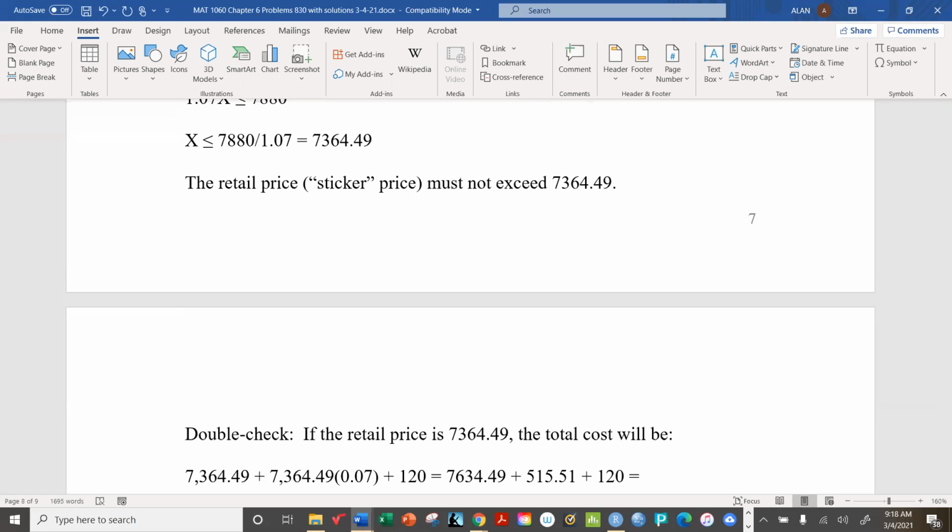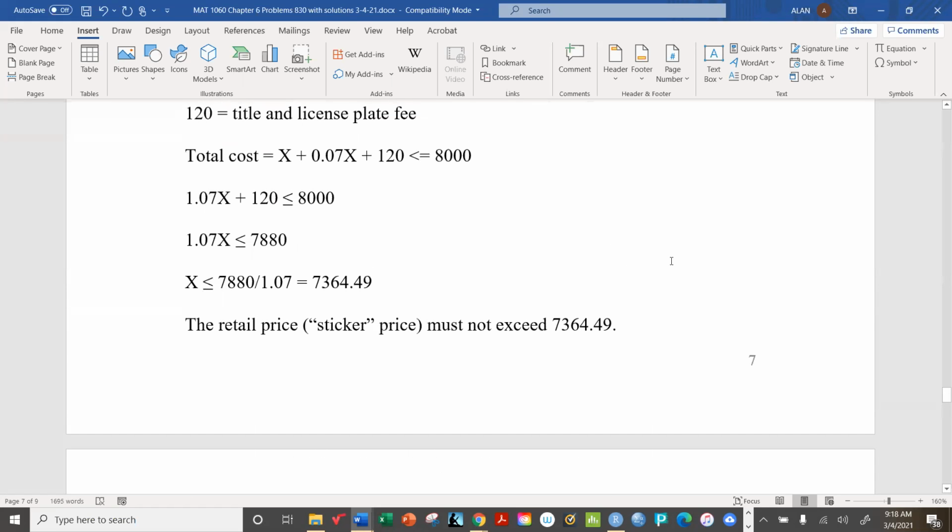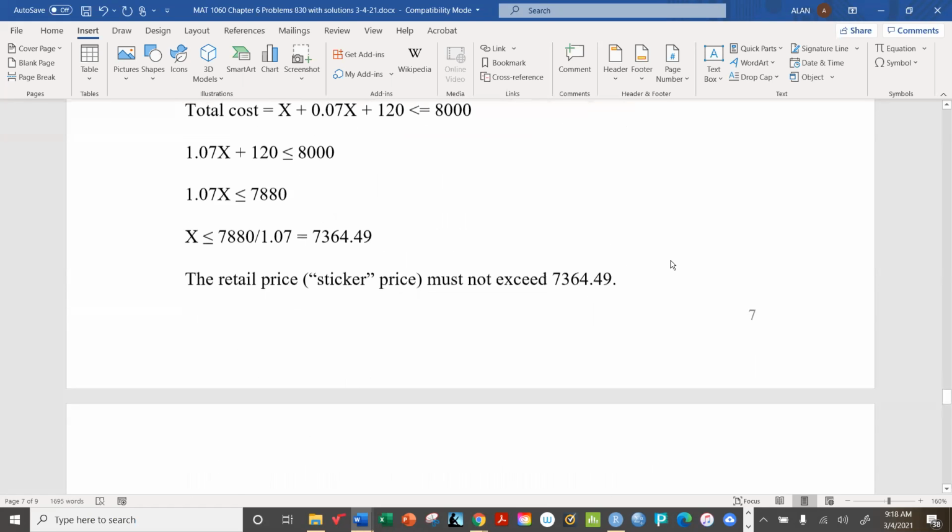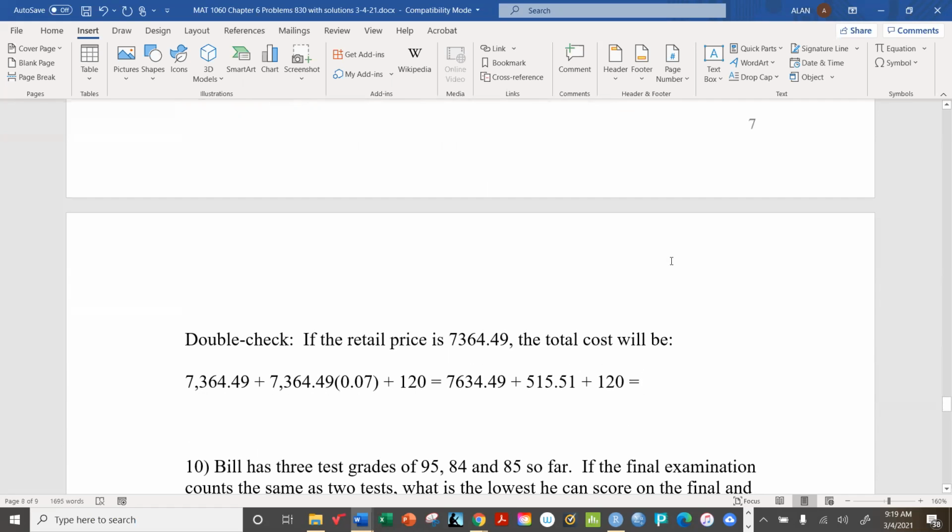$82. Oh, wait a minute. No, something went wrong here. What happened? Yeah, that can't be right. I think I multiplied something wrong. $7,364.49 times 7%. Oh, wait a minute. No. You know what I did?